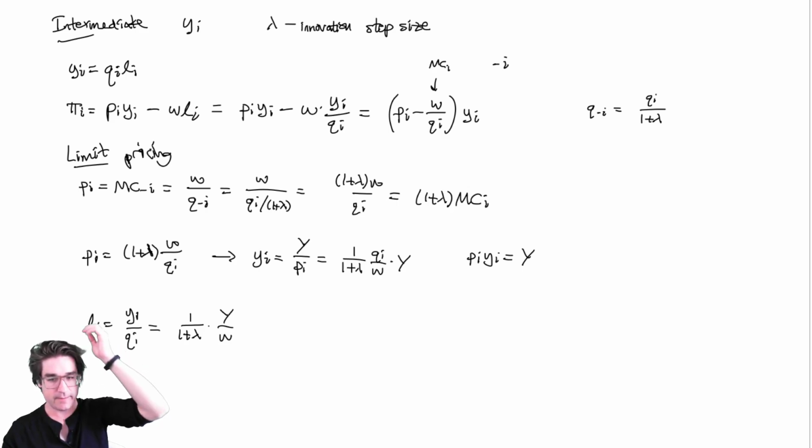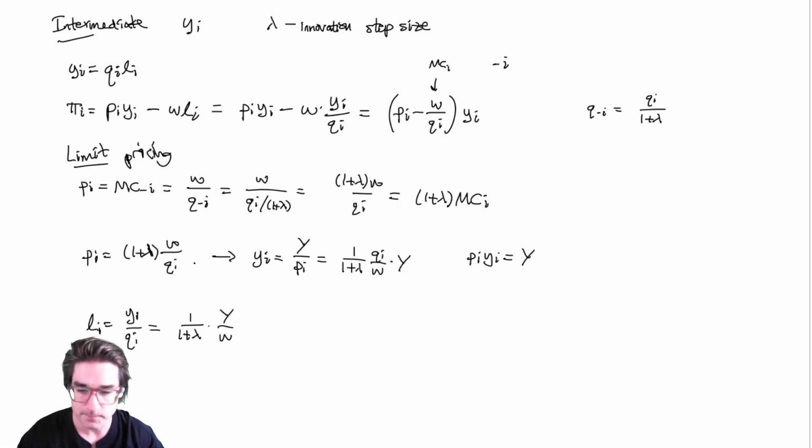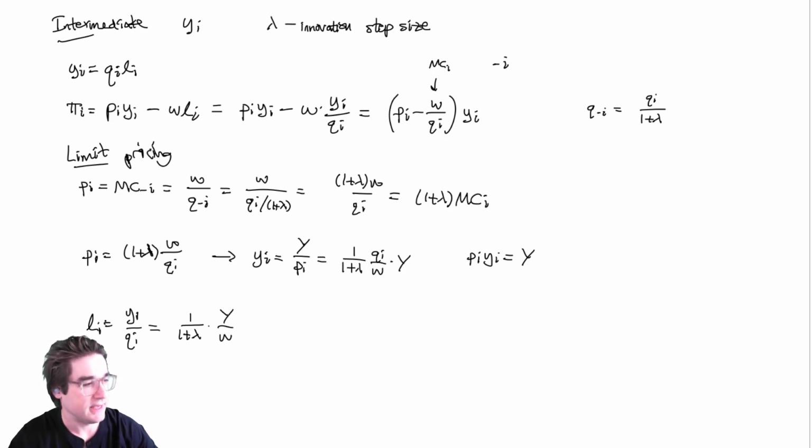Actually, we can figure it out pretty soon. You can already see that W is going to be growing at the same rate as output, so this ratio is going to be constant in steady state. That means you get some non-growing amount for Li. Those integrate to the total production labor, and everything works out.